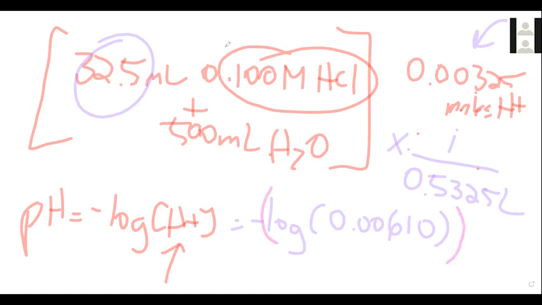So the log of that is negative 2.21, right? Yes. So the pH is plus 2.21. So that's how you would do that if it was a strong acid. If it's a strong acid, all we need to do is figure out the concentration of H plus, and it's straightforward.